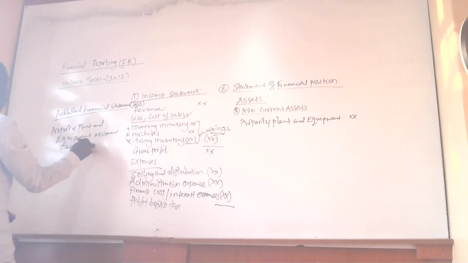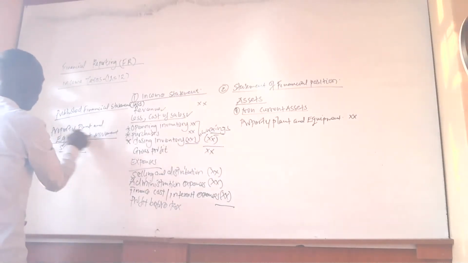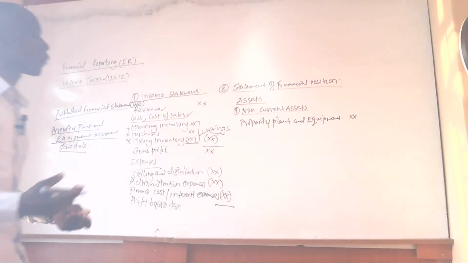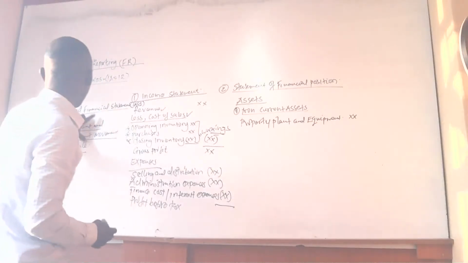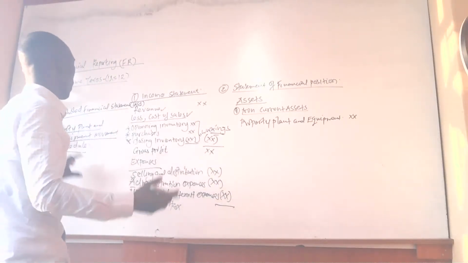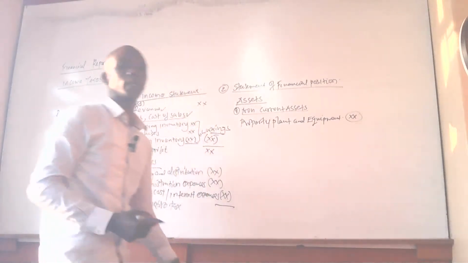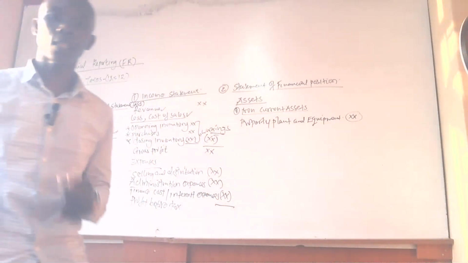We used to prepare the movement schedule, and now this movement schedule is the one that you are going to use so that you can come up with a total, and that total that you have calculated in the workings is the one that you are going to present here as a single item.